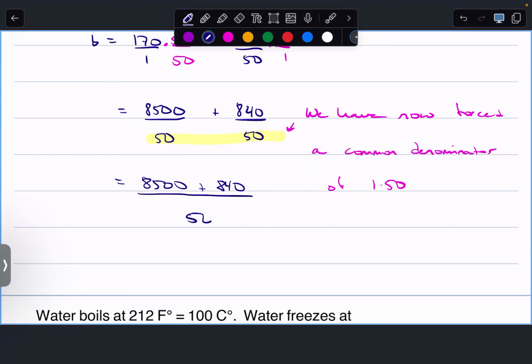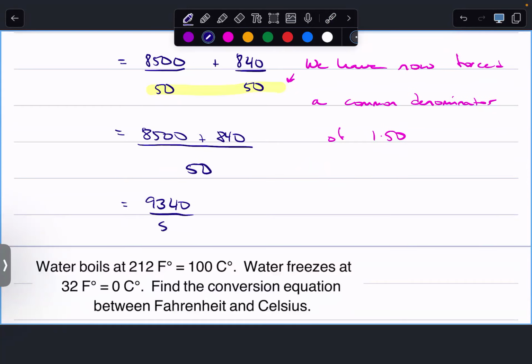It gets put over that common denominator that we've forced. 8,500 plus 840, I get 9340 divided by 50, which probably does reduce, but not very much. Just 934 divided by 5, but I'm just going to leave it as is, for simplicity's sake.